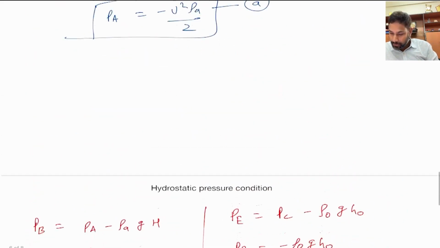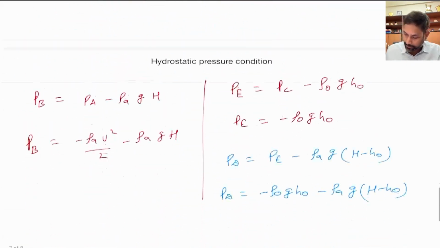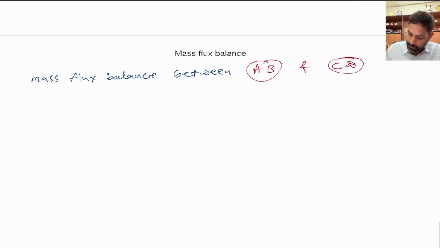Because we are considering the vertical velocity to be significantly small, the mass flux through section AB must be equal to mass flux through section CD. Whatever flux is coming from the left must be going to the right, and that is why m dot through AB must be equal to m dot through CD.